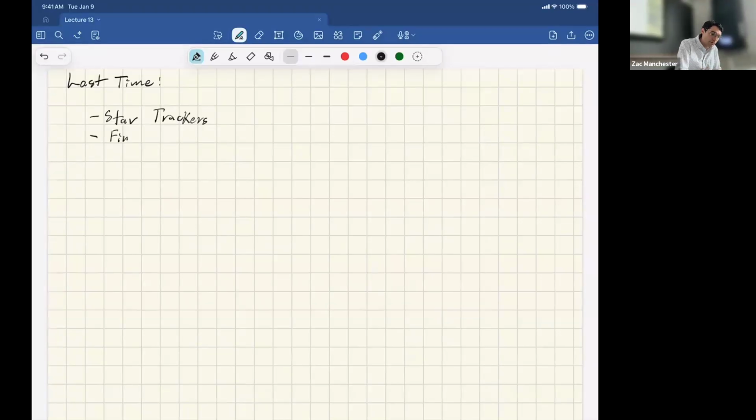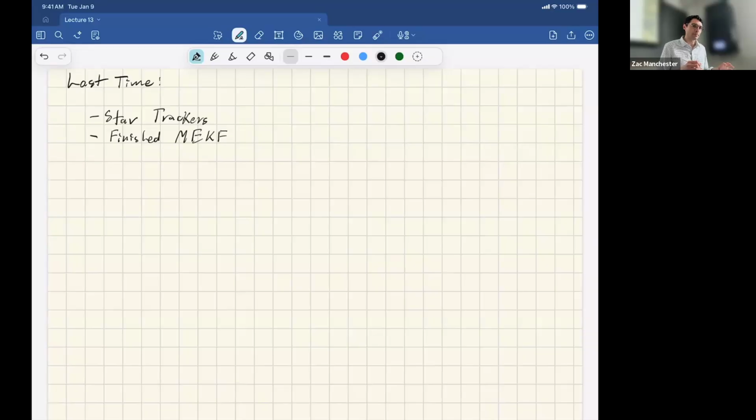We saw some example code on that, and now you get to implement it in the homework. And I think that roughly does it for attitude determination stuff.